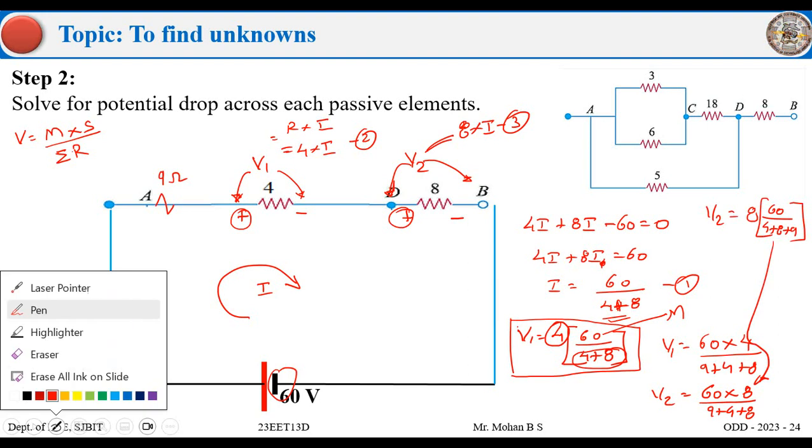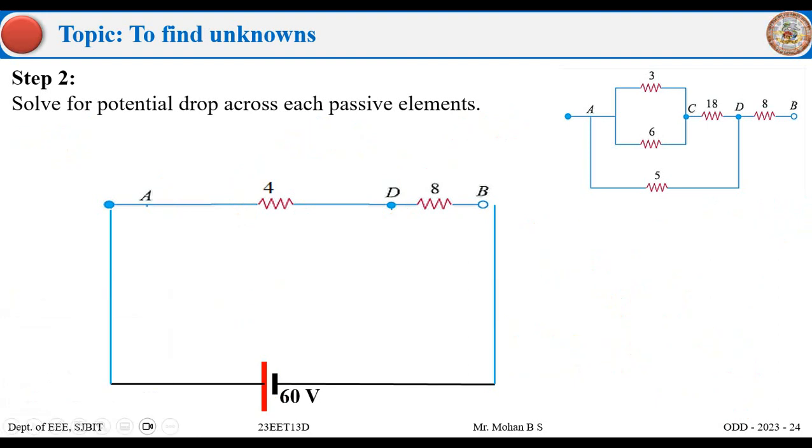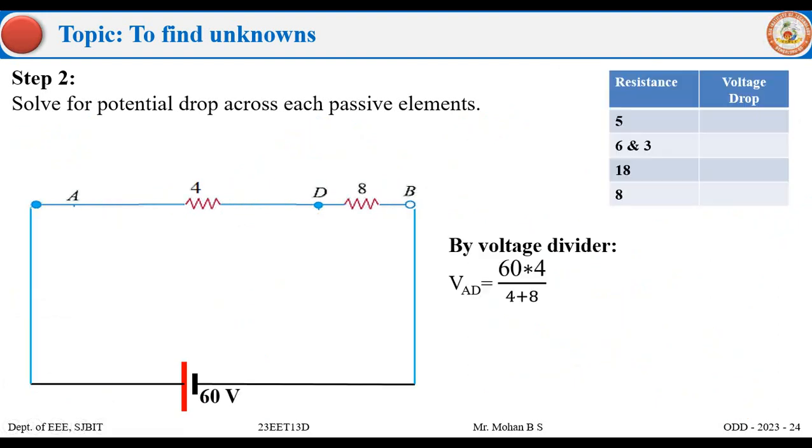So let's go back to the formulas that we have written here. By voltage divider, what is the voltage drop across 4 ohms, or the voltage drop between A and D? It is main voltage into same resistance divided by the sum of the resistances, which is nothing but 20 volts.